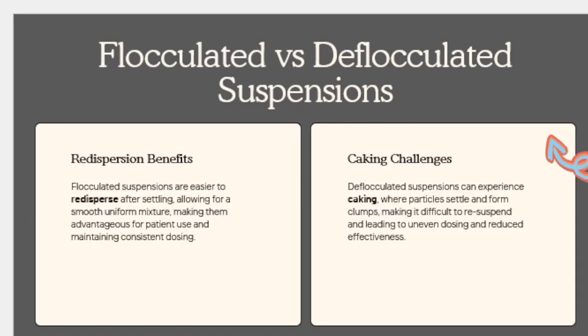When you shake it, these particles won't get dispersed in the liquid medium. So this is the difference between the flocculated and the deflocculated system. In flocculated, redispersion is the benefit, whereas in deflocculated, we will see cake formation.